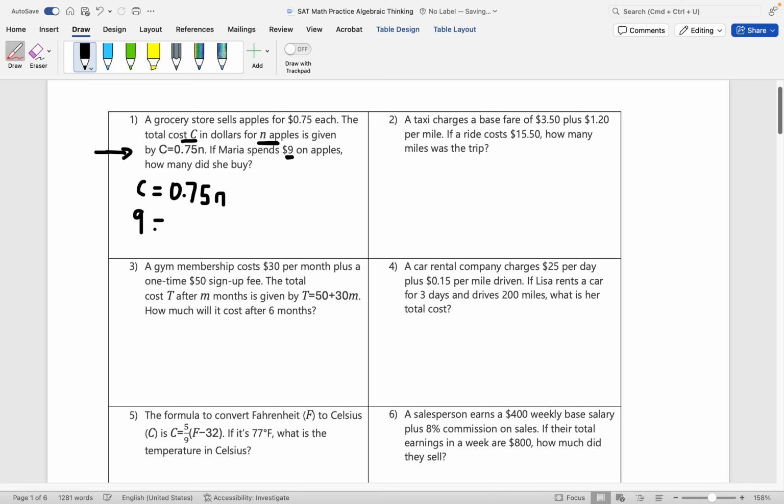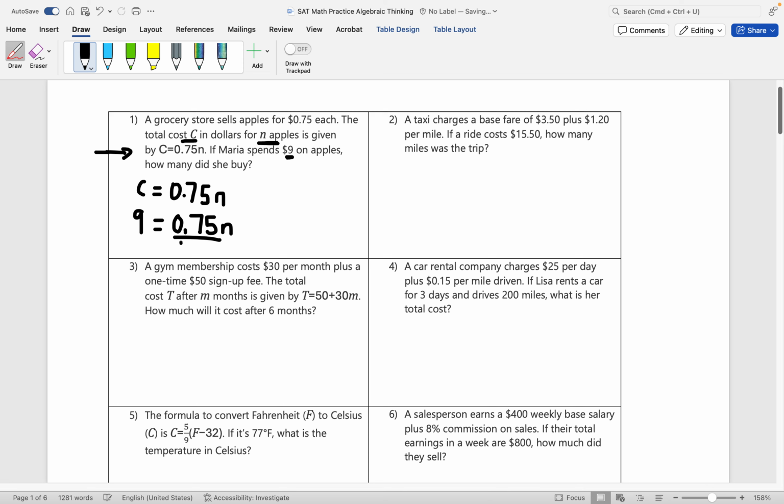9 is equal to 0.75 n. They didn't tell you what n is because that is the question. How many apples did she buy? So we need to solve for n. So now I have $9 equals 0.75 n.